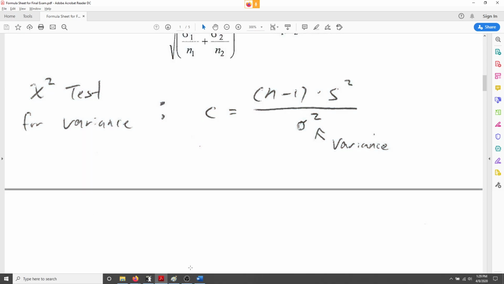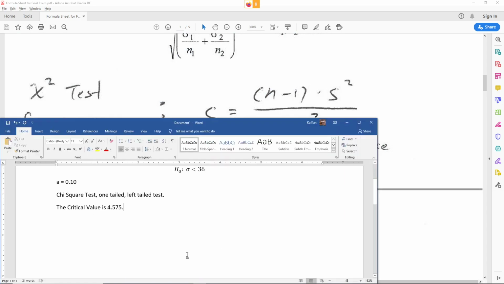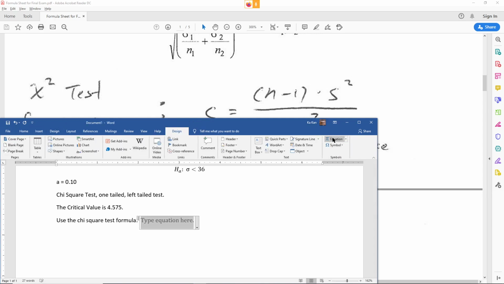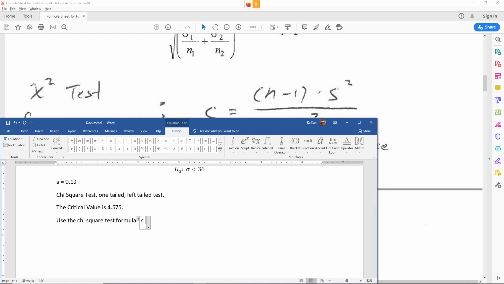So what are we supposed to do here? We are supposed to use the chi-square test formula. And let me go ahead and insert the equation here, just so that we have it. Chi-square equals a fraction.